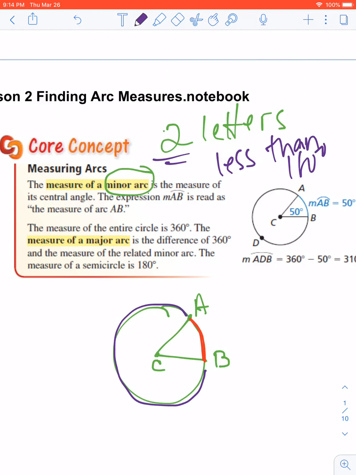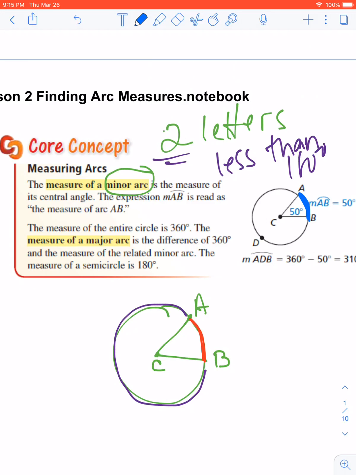In our example here, the measure of arc AB, because it is 2 letters, we're looking at the smaller piece. Since its central angle is 50 degrees, its arc is 50 degrees.